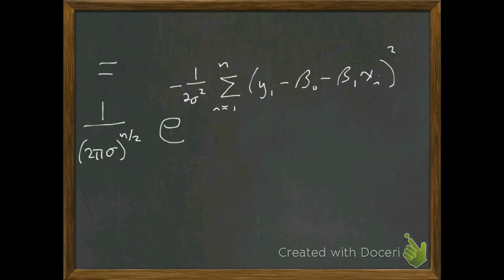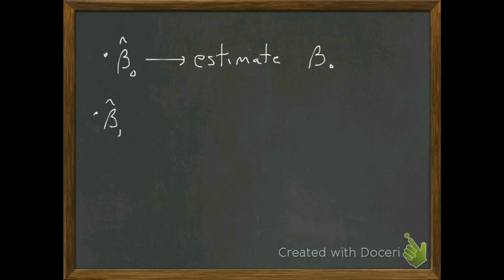Now, what we're going to end up with is beta hat 0, which is going to be an estimate of beta 0, and beta hat 1 is going to be an estimate of beta 1.